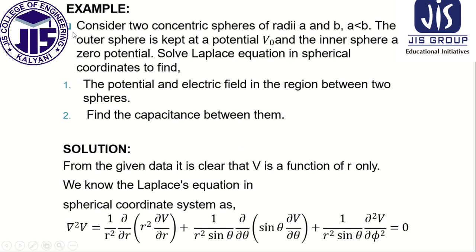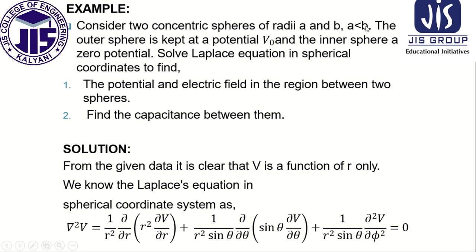So this is the example. First we have to go through the problem. What is given? Consider two concentric spheres of radii a and b, where a is less than b. B is the outer radius and a is the inner radius.